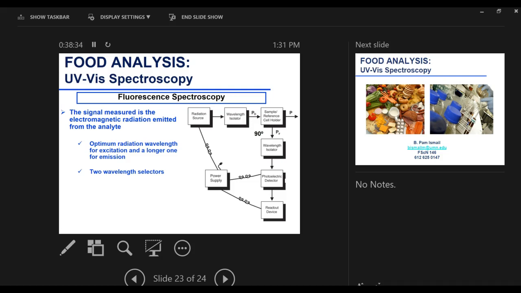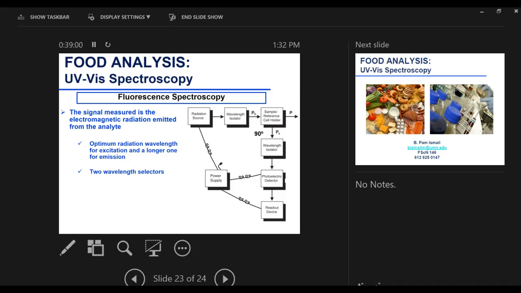So you have to select the absorption wavelength, and then you have to select the fluorescence wavelength. That's why the instrument has two wavelength selectors. You have your source of light, you get to the wavelength isolator or monochromator, and then you get your incident beam at the selected wavelength, and here's your sample.